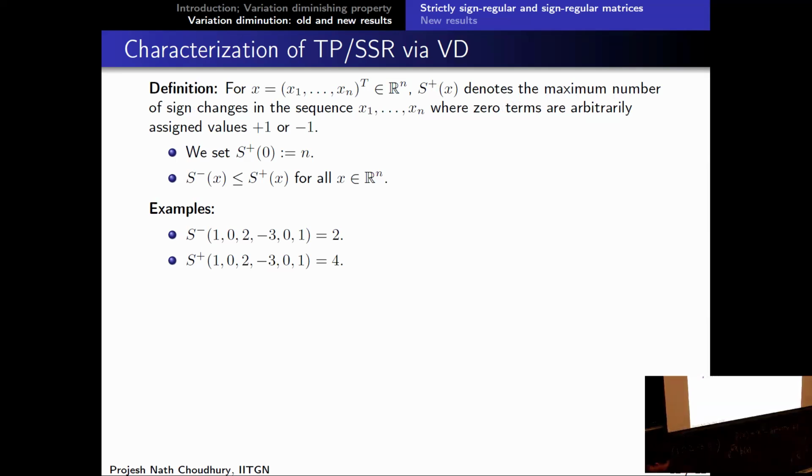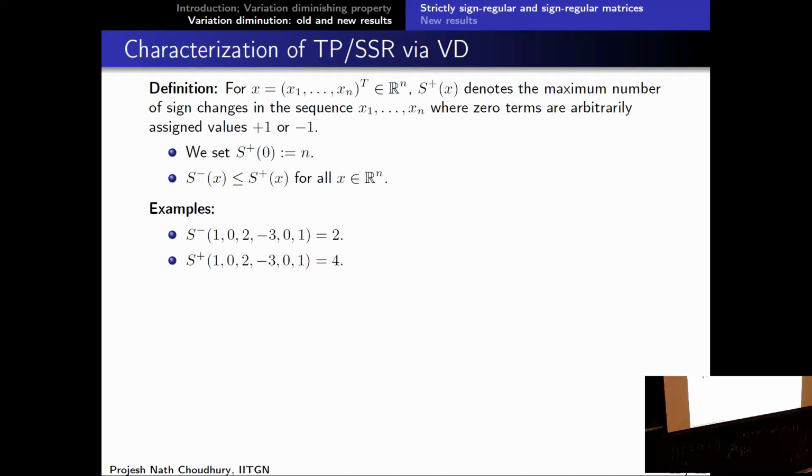What Gantmacher and Krein did is replace the 0 entries with either plus 1 or minus 1, and then look at the maximum number of sign changes in the sequence. So you can replace whatever 0 entries with your choice of plus or minus 1, and then look at the maximum sign changes.